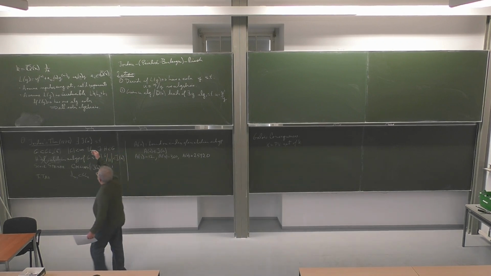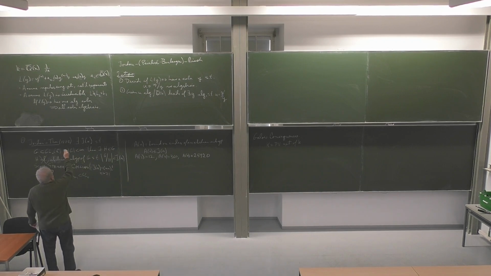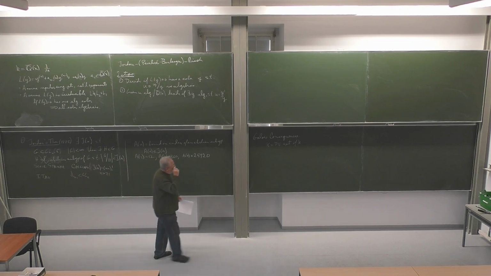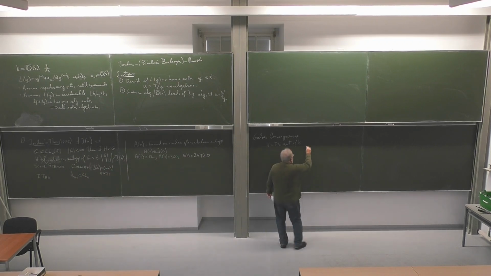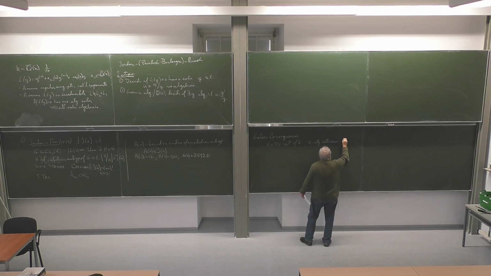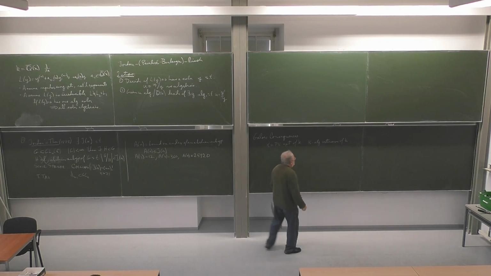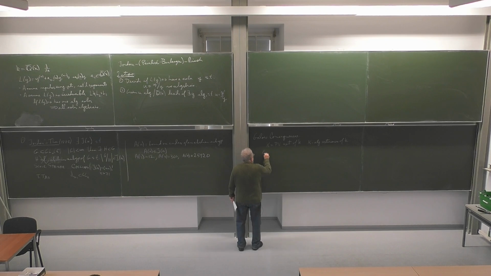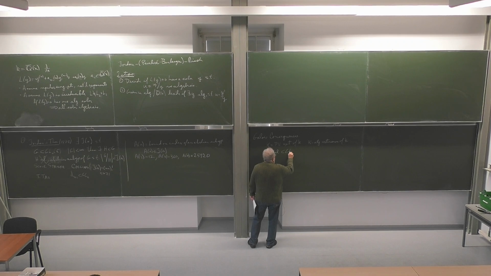I'm under the assumption that all solutions are algebraic. So K is going to be an algebraic extension of little k. We have the differential Galois group sitting inside of GL_n, Q bar. Everything is over Q bar.